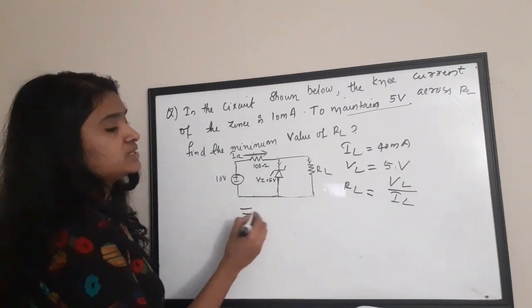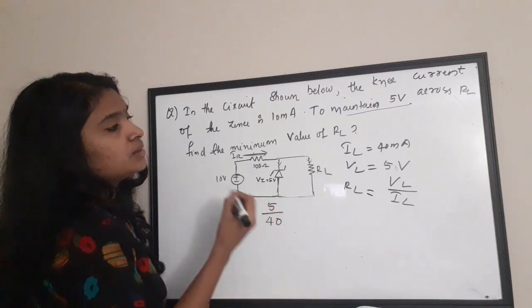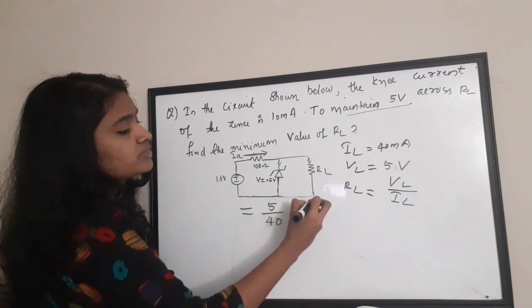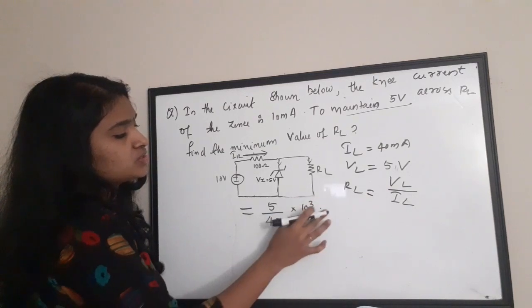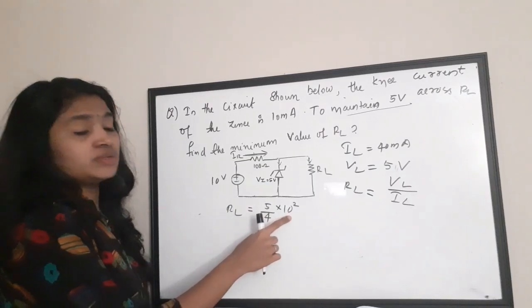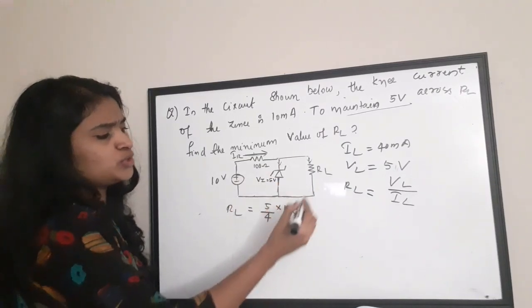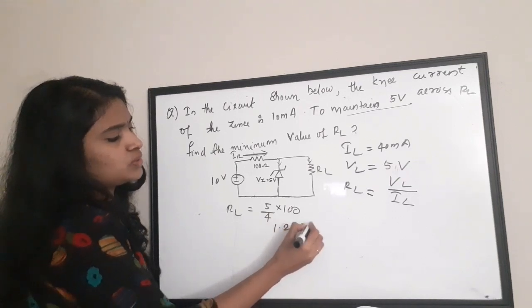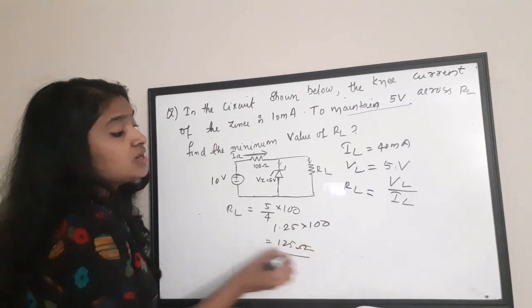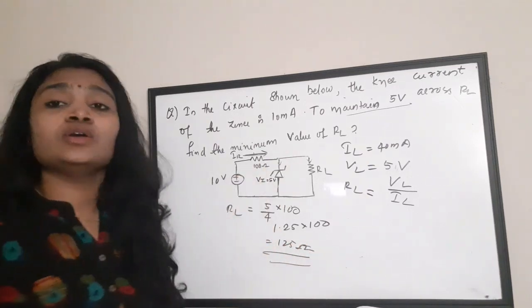VL is 5, so 5 by 40 milliampere, into 10 raised to 3. 5 by 4 into 10 squared, or 100. 5 by 4 means 1.25, right? 1.25 into 100 is equal to 125 ohm, the minimum value of resistance to maintain 5 volt. I hope this is clear.